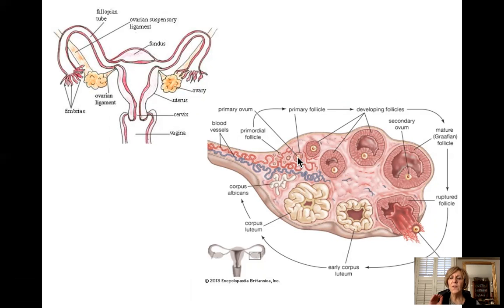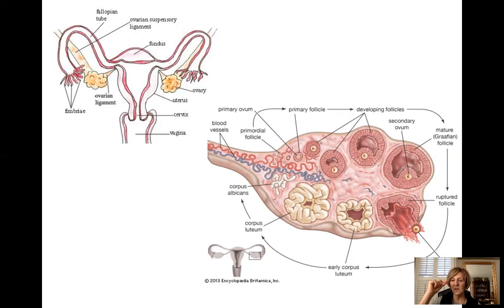And so females are going to be born with all of the ovum that they will ever have. They start development during fetal development. When there is a baby embryo female, the first part of meiosis is actually occurring in her ovaries before she's ever born.